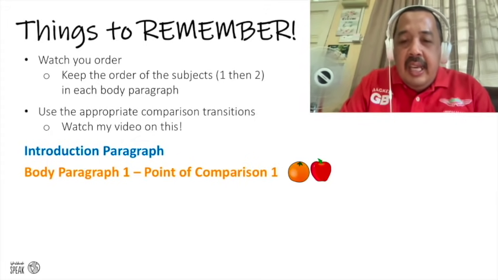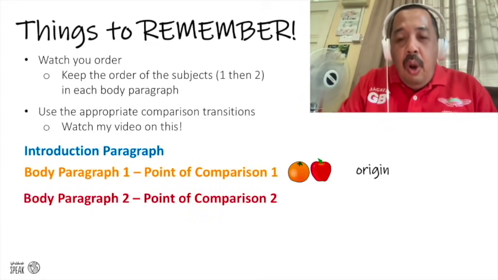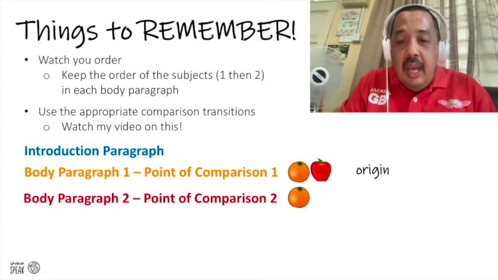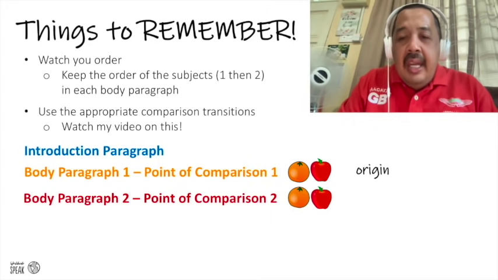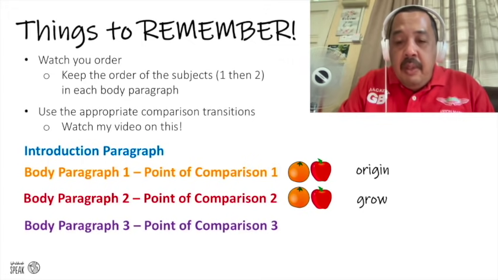And for us, it was oranges and then apples, and our point of comparison was origin of the fruits. Then body paragraph number 2 is the second point of comparison, and we mention the first thing and the second thing in the same order as we did in the first body paragraph.